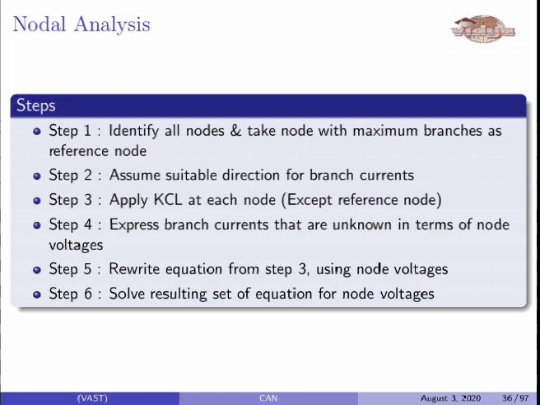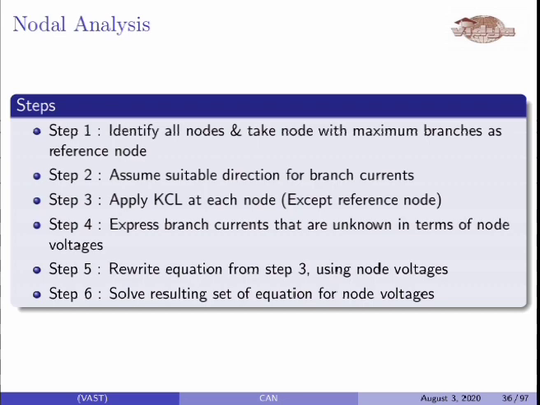So our first step is to identify all the nodes in the circuit and take the node with maximum branches as the reference node. And what is a node? A node is a point of connection at which more than two branches meet in a circuit. So there should be at least three branches in a node.